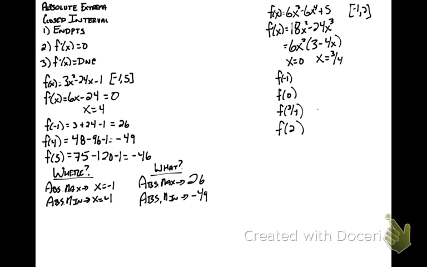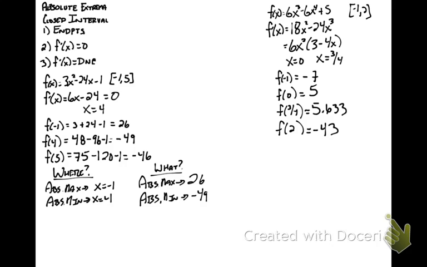F of -1 has the value -7. F of 0 has a value of 5. F of 3/4 or 0.75 is about 5.633, and f of 2 is -43.